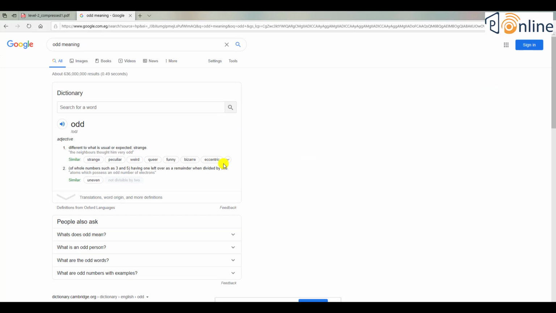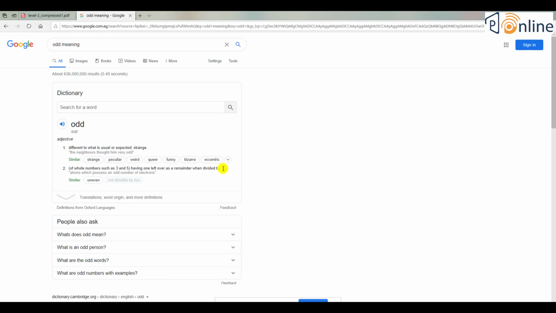It's very important to know exactly what you have to do when it comes to exercises. So I will tell you, odd means different from what you usually or normally know. Strange, okay? Different, unusual, abnormal.